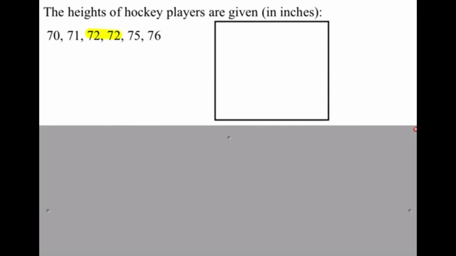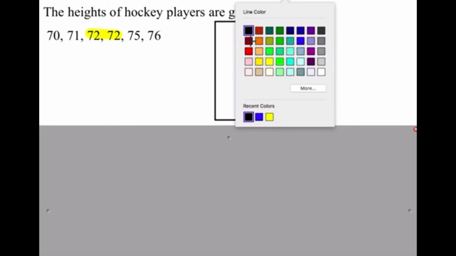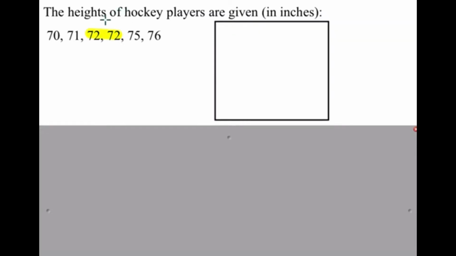And then I could split the data and find that the first quartile is 71 and the third quartile is 75, and I've got the min and the max. So I could do that easily without the use of a calculator.